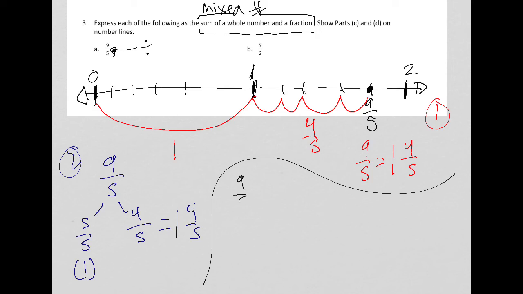So 9/5 is the same thing as 9 divided by 5. So I can do a division problem of 9 divided by 5 and say 5 can go into 9 one time, and I get 4 left over. So I get 1 and 4 out of 5 as my fraction. So 9 divided by 5 is 1 and 4/5.